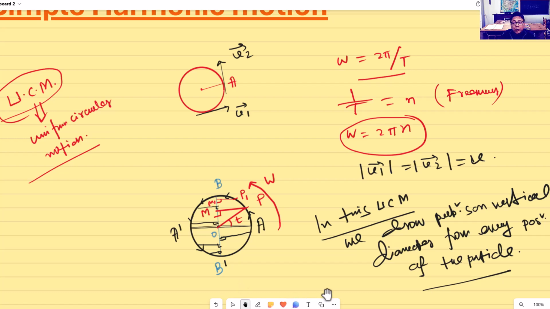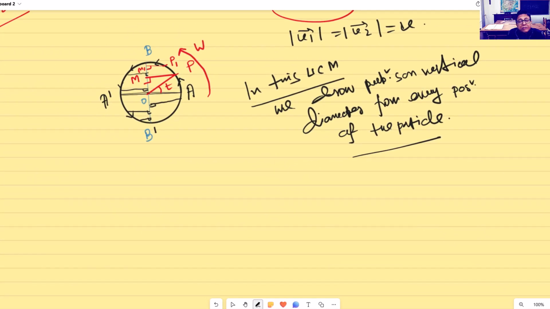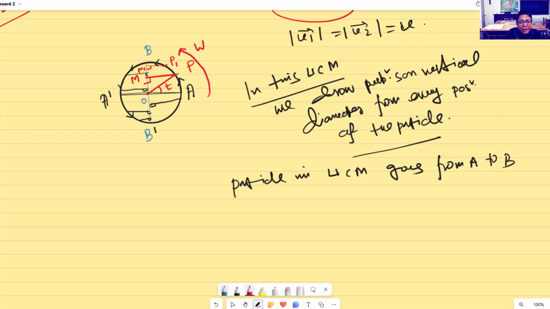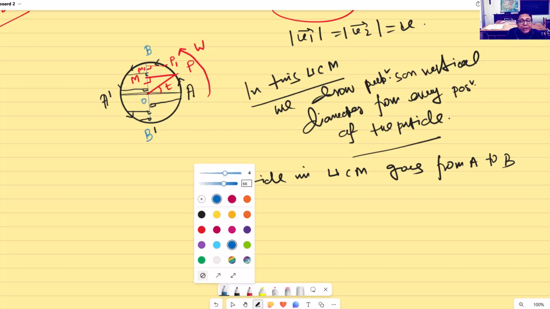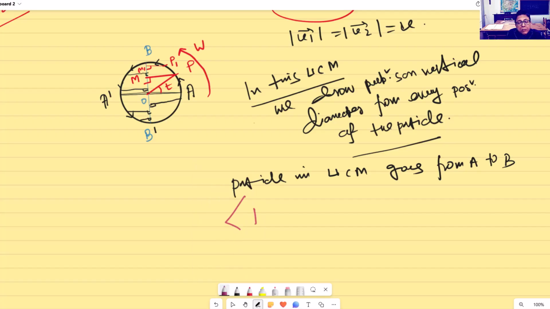The particle in UCM goes from A to B. And where does the foot of perpendicular go? The foot of perpendicular goes from O to B. Then what happens?